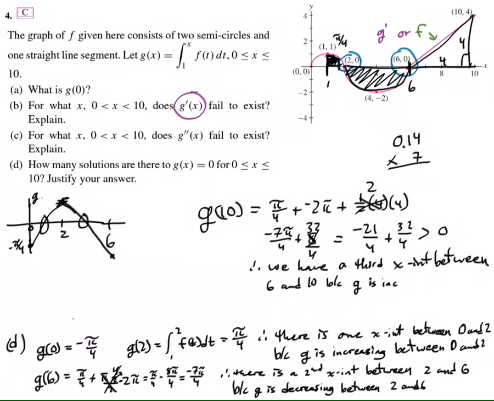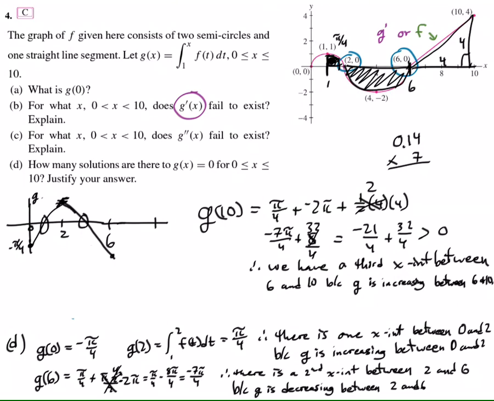Oh, I didn't state that earlier to you guys. You see how g prime is above the x-axis the whole time between 6 and 10? That means g is increasing between 6 and 10.